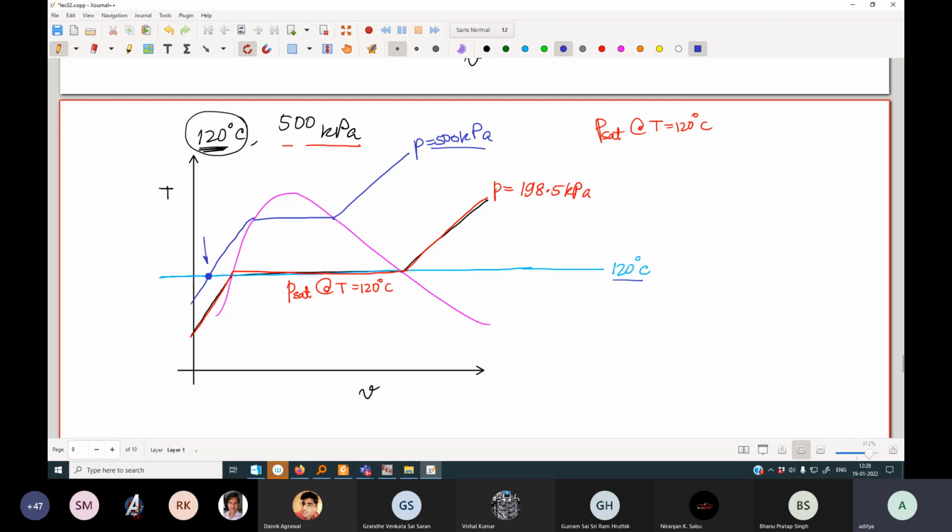And this point is obviously subcooled liquid. Is it clear how to do this? Yes. Now, let me go to EES.